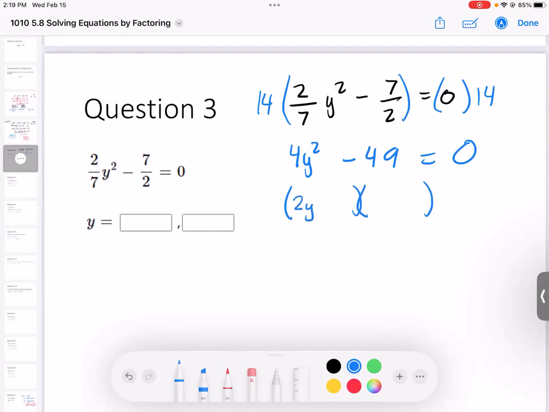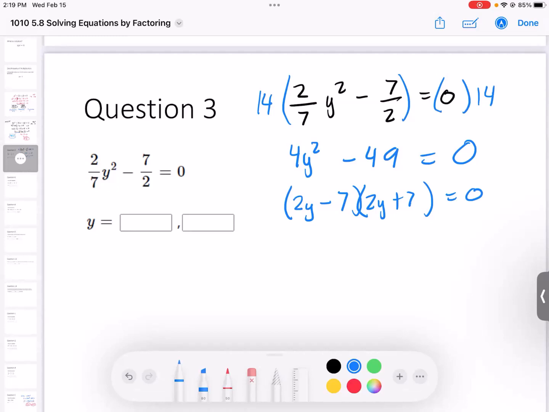So I'm going to do 2y minus 7 because that's the square root of 49, and then 2y plus 7 by my difference of squares formula. Is everyone good with that? Hopefully by now you've got this at least semi-memorized because you've used it on so many homework assignments. But this is the main special case I want you guys to memorize for the test because you won't have a note card. So it's important to memorize the difference of squares.